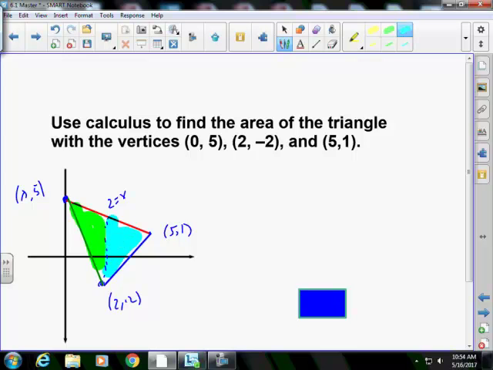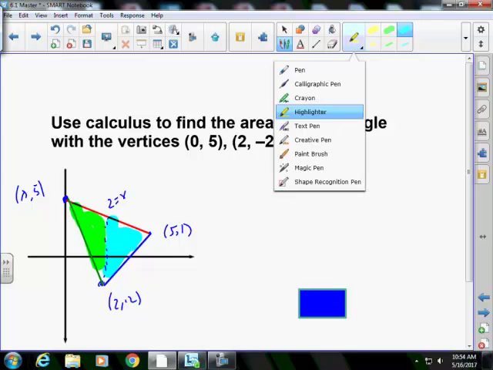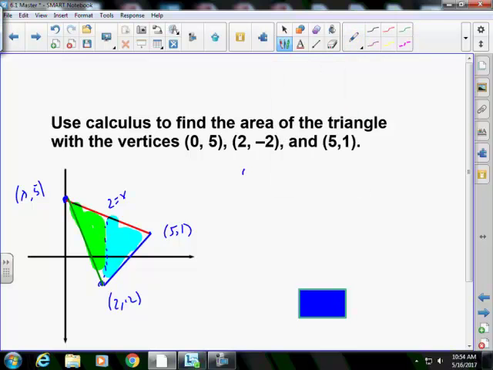So I know where I'm going to integrate. There's going to be one where I'm going to integrate from 0 to 2, and then I'm going to add to that the integration from 2 to 5. But I need to know the functions for each one of those. So I'm going to call this A, this B, and this C.